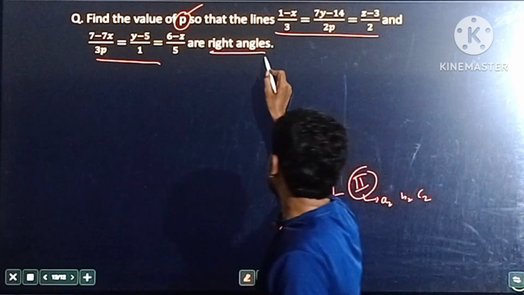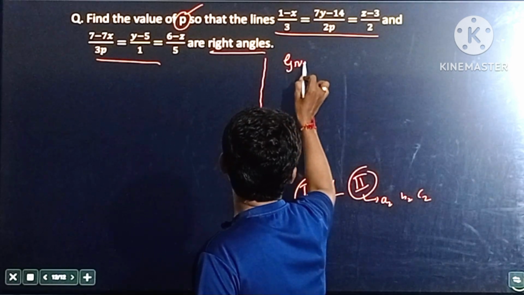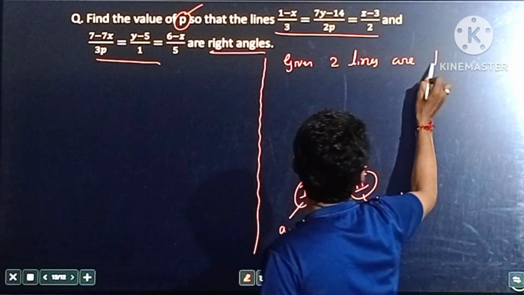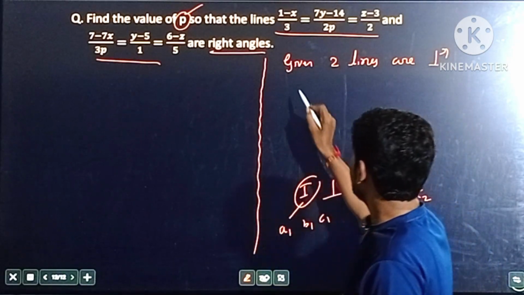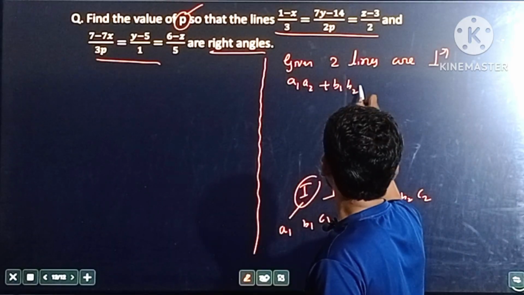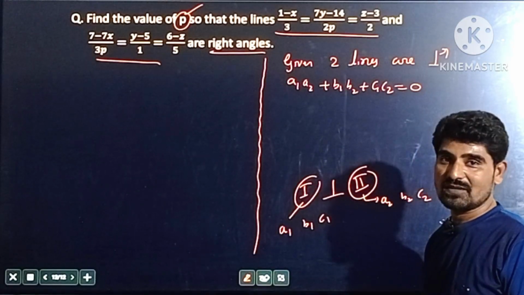It means in this question it is given that the two lines are perpendicular to each other. It means A1 A2 plus B1 B2 plus C1 C2 equals 0.